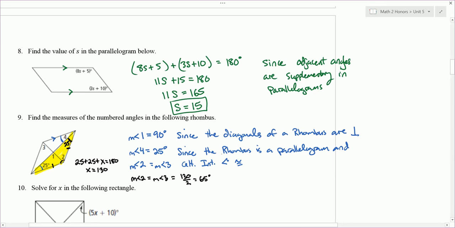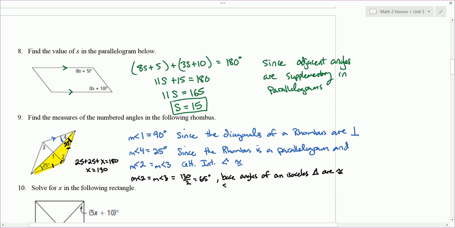And we used a few things. We used the idea of base angles of an isosceles triangle are congruent.